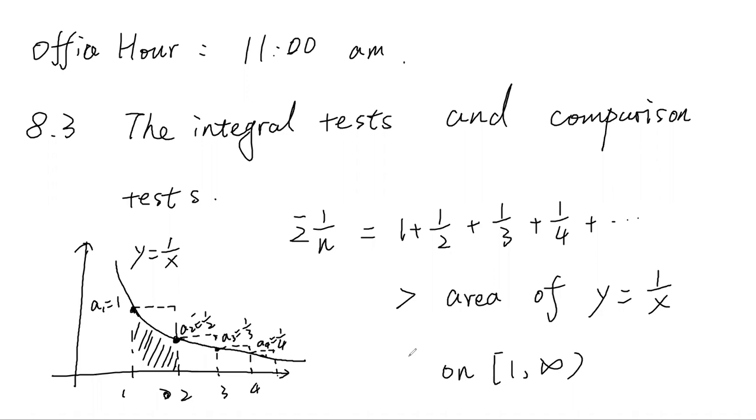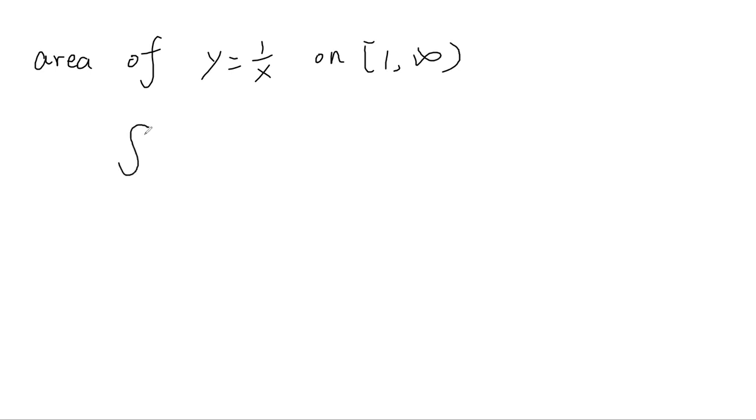Okay, and then the area under y is equal to 1 over x from 1 to infinity is just an integral. It's an improper integral, 1 to infinity of 1 over x dx.